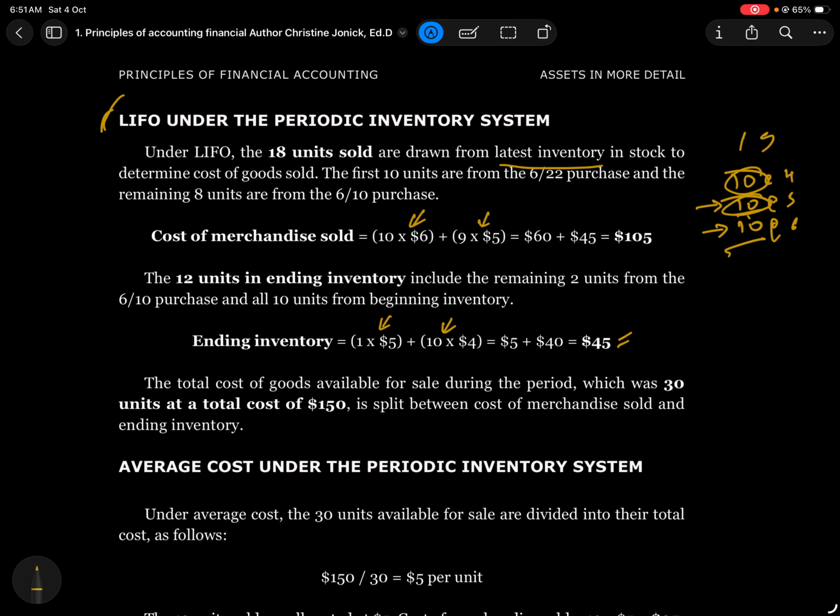So of course our total cost was 150. Our goods available for sale was 150, of course.